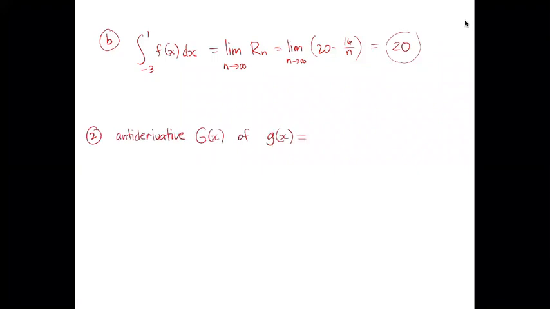This is tangent x plus cotangent squared x over cosine x, such that G of pi over 4 is equal to what?